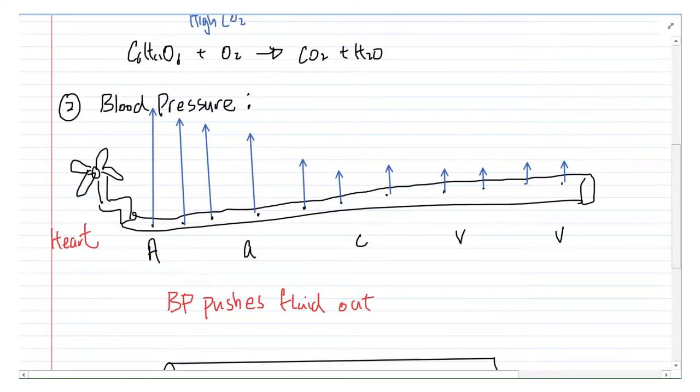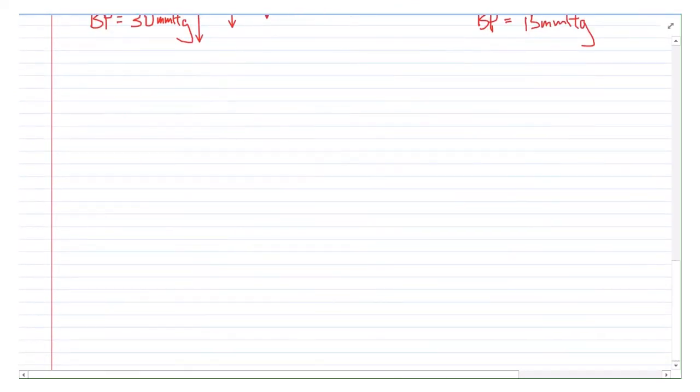Okay, the third factor that affects capillary exchange is what we call osmotic pressure. Okay, so to understand osmotic pressure, let's take a look at this example.